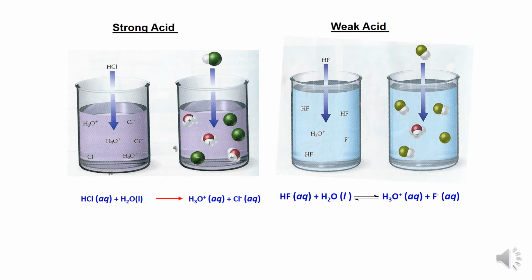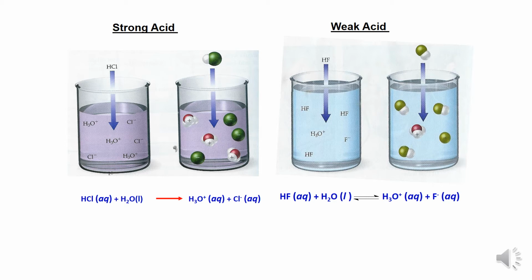Strong acid and weak acid. Example, we have HCl as a strong acid. HCl dissociates in water completely, producing hydronium ion and chloride ion. Dissociation is 100% complete. For a weak acid, example, we have HF, which dissociates in water partially, producing hydronium ion and fluoride ion.